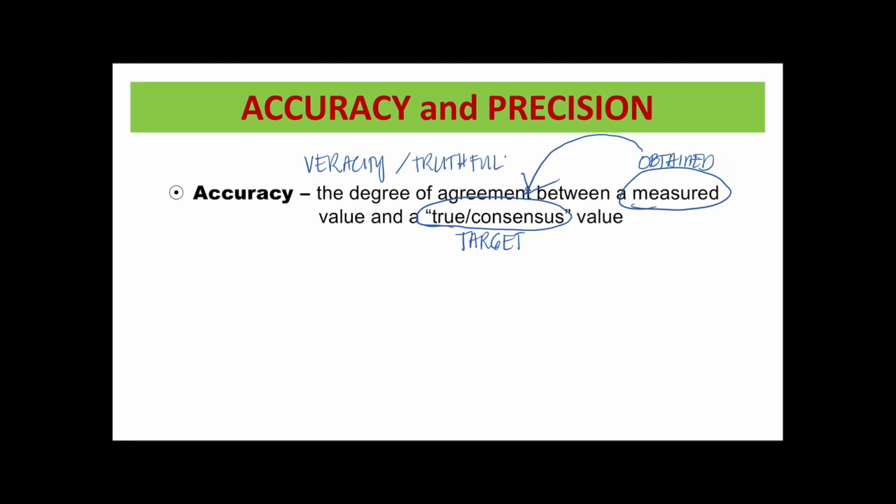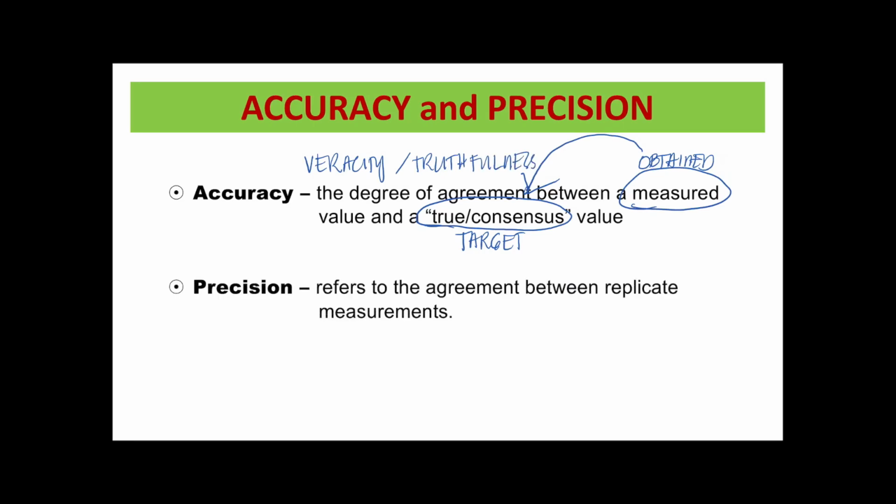That's your accuracy. How about your precision? Precision refers to the agreement between replicate measurements. You are measuring something, and you have obtained values during repeated measurements. So precision is the nearness of the obtained values to each other.